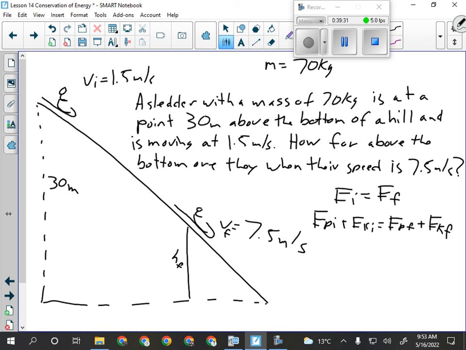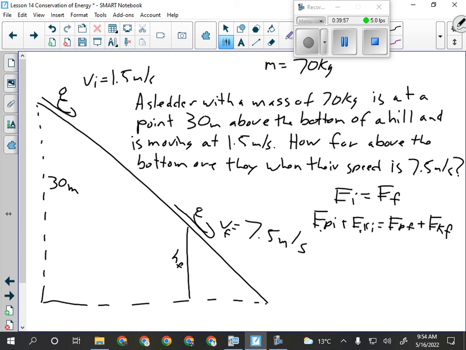In this question, they're 30 meters above the ground at the start. So do they have potential? Yes. They're also moving at 1.5 meters per second. So do they have kinetic? Yes. So they have both initial potential and initial kinetic. At the end, there's some unknown height above the bottom, so it's probably not 0. Would you agree?